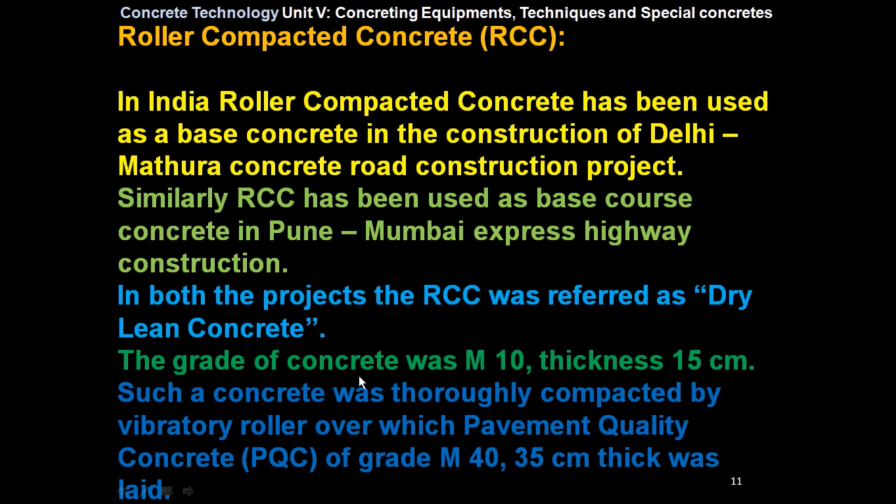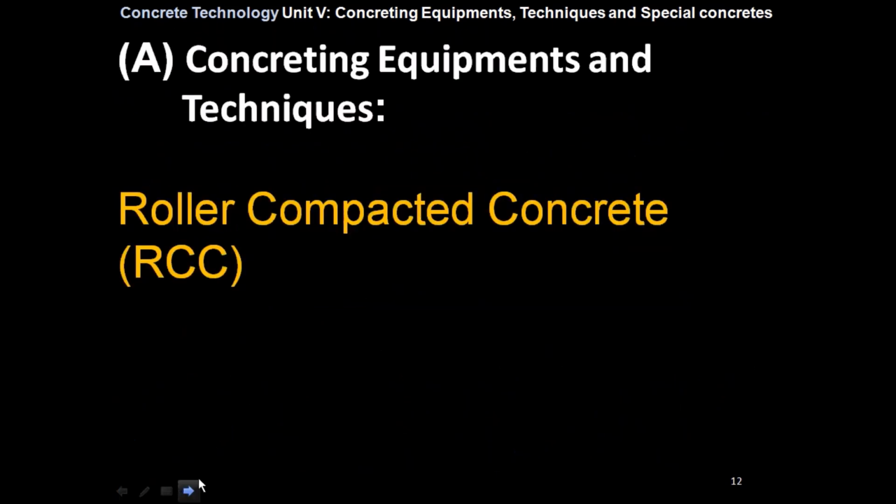The grade of concrete was M10, thickness was 15 centimeter. Such a concrete was thoroughly compacted by vibratory roller, over which pavement quality concrete PQC of grade M40, 35 centimeter thick, was laid. So we have seen the roller compacted concrete, that is RCC.